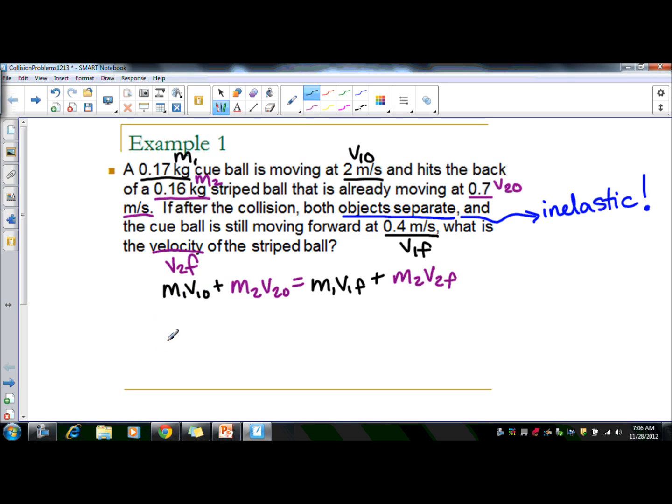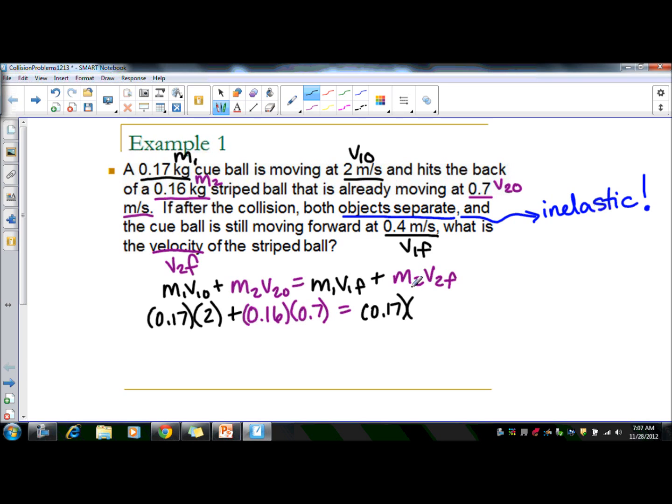So M1 is 0.17, so 0.17 times its initial velocity, which is 2, plus M2, which is 0.16, times its initial velocity, which is 0.7, and that is going to be equal to M1, which again is the cue ball, so 0.17, times its final velocity.